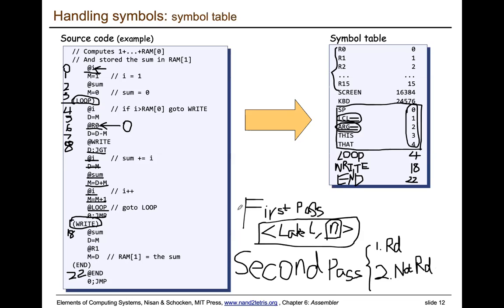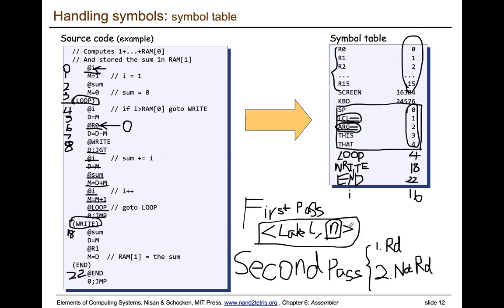If this one is not recorded, then I will check the first available RAM place. The RAM from 0 to 15 has already been used, so the first available is 16. So I will have 16 as its number.